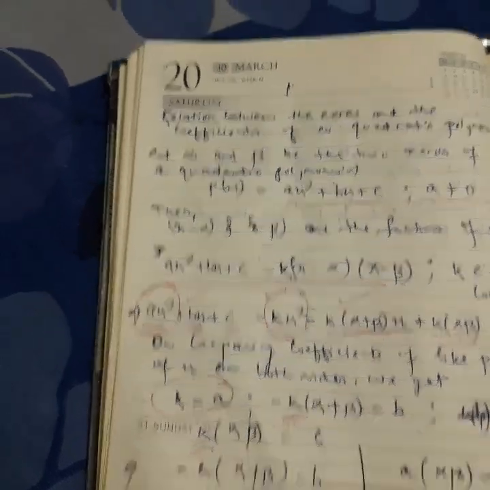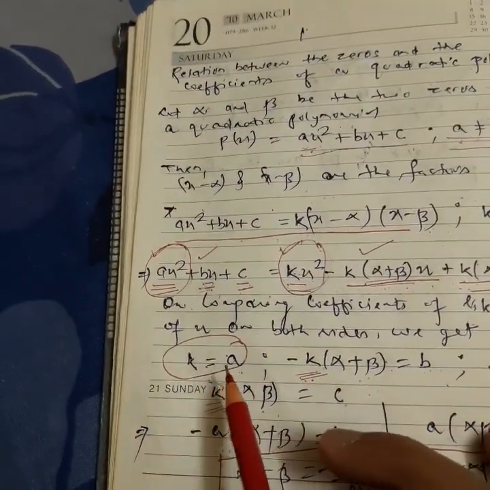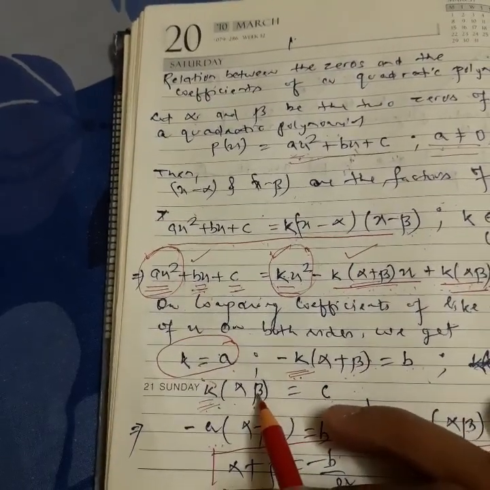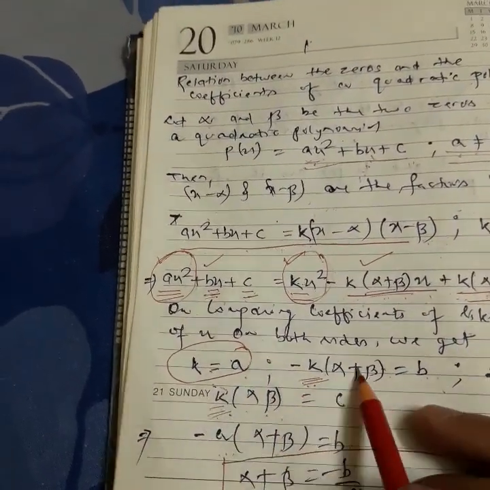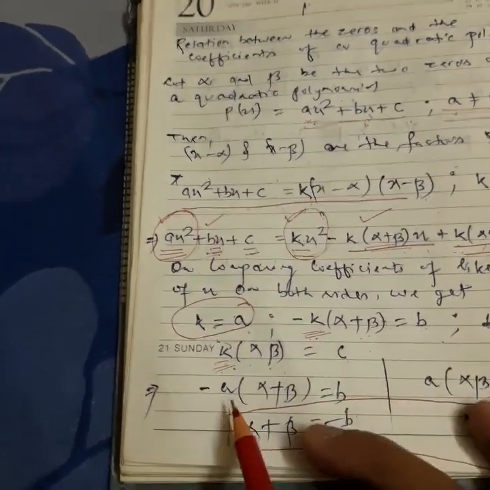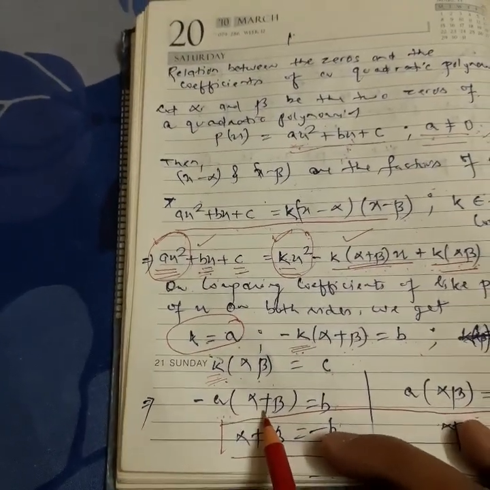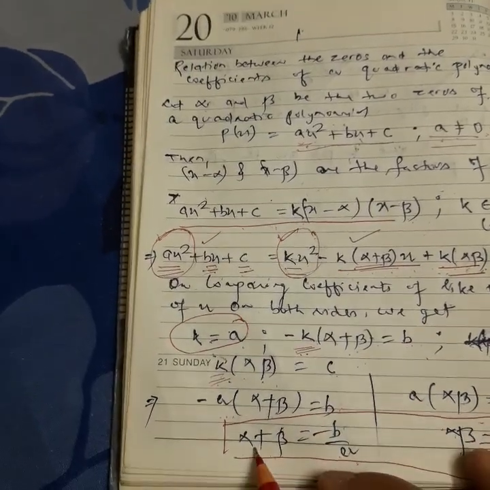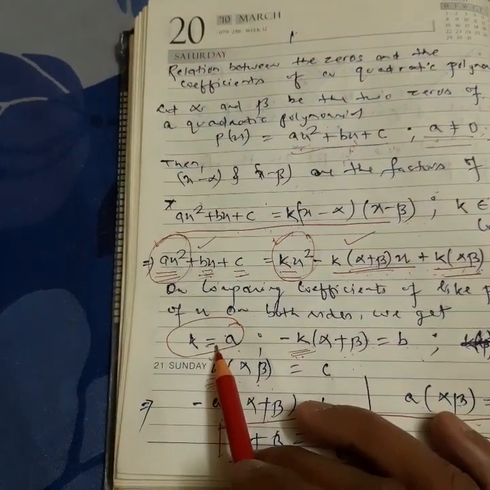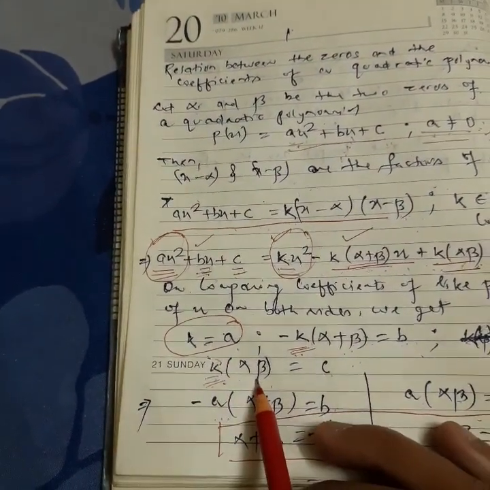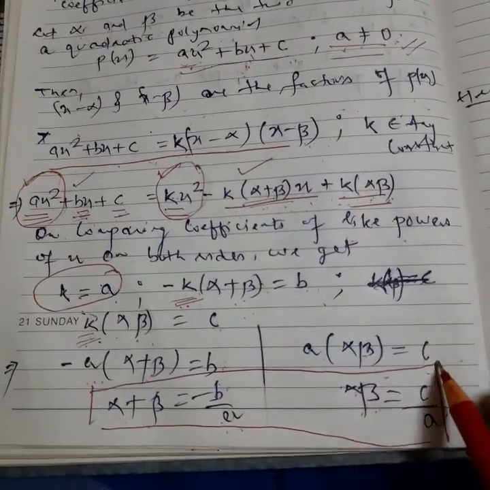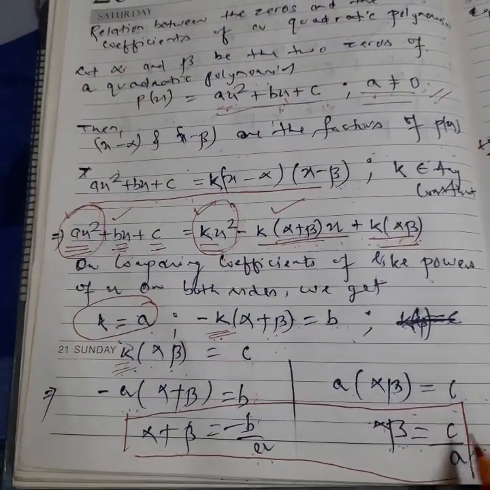Now, using this k equals a in equation 2 and equation 3, suppose we use it first in equation 2, putting a in place of k, we get minus a into (alpha plus beta) equals b, that is alpha plus beta equals minus b by a. If we use k equals a in the third equation, we get a alpha beta equals c, that is alpha beta equals c by a.